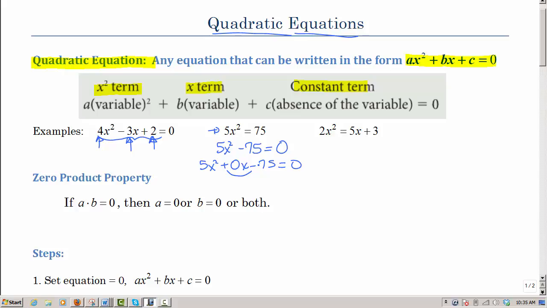That's still quadratic because we have x squared. That's what we're looking for, that second degree equation. On this next one, I could move the 5x by subtracting 5x, subtracting the 3, setting it equal to 0, and again I have a quadratic equation. That's what we're going to be solving by factoring.